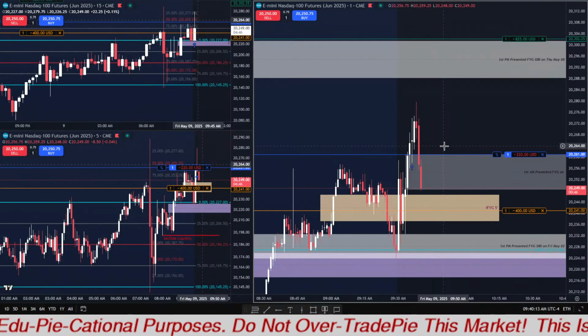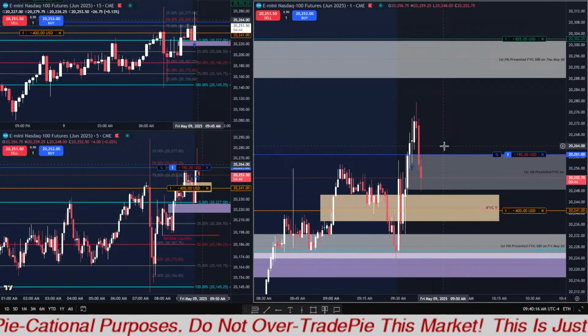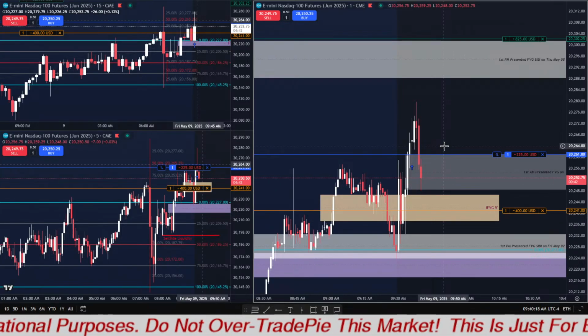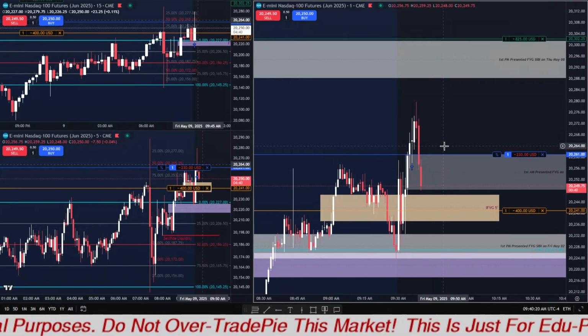Now we closed the entire range of the first presented fair value gap, and let's see how this candle is getting closed over here.